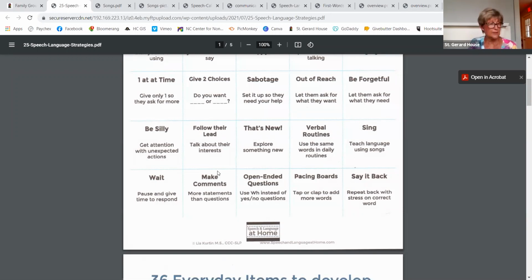Another thing with strategies, I don't think it's listed on here, but I have a lot of little wind-up toys that I use, and the kids like those. But they can't do them by themselves because they can't do the fine motor twisting yet. So I twist one up, show them what it does, and they love it.